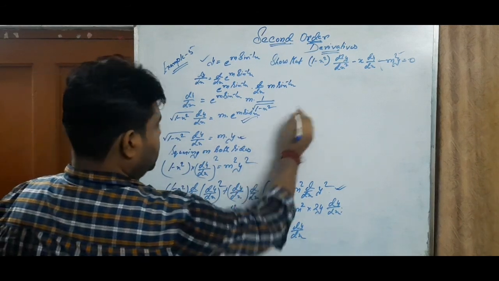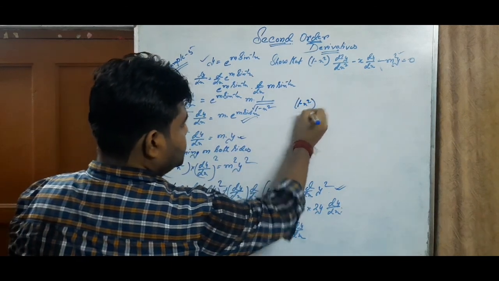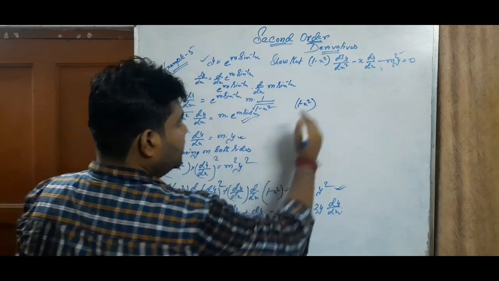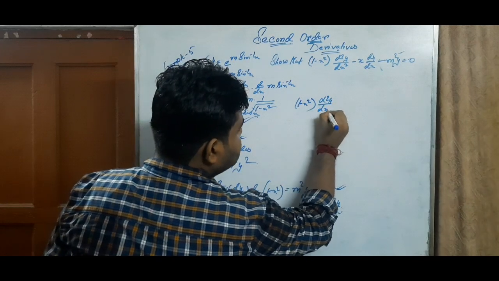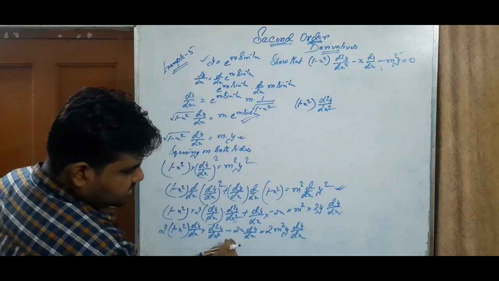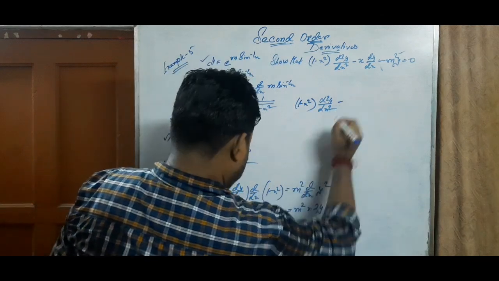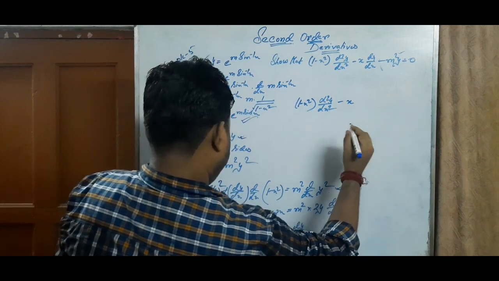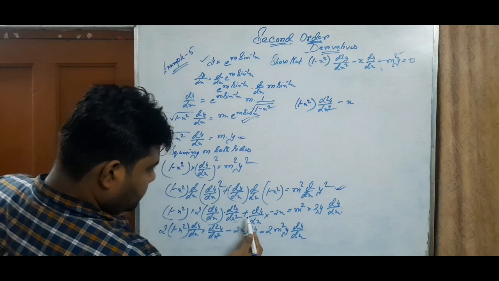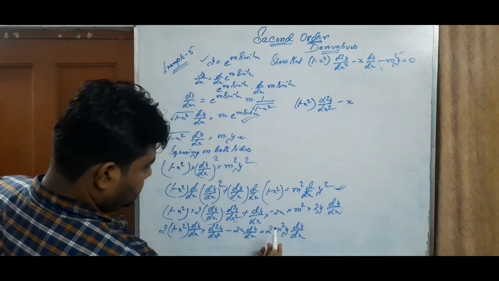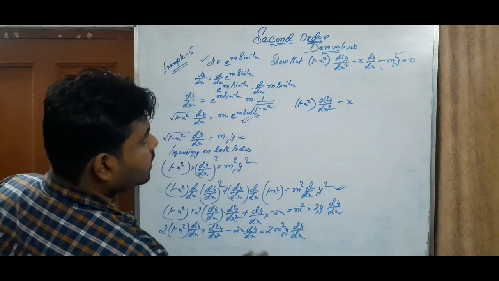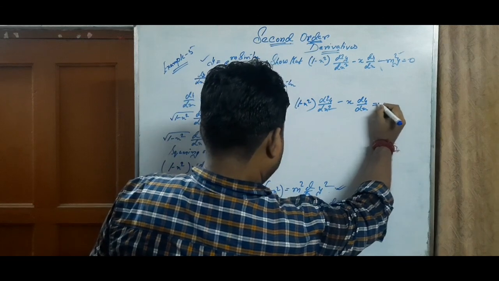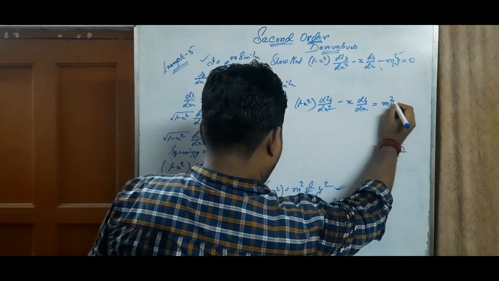That is 1 minus x square, we are dividing both sides with 2 dy by dx. That is 1 minus x square into d2y by dx square, minus x dy by dx, equals m square y.